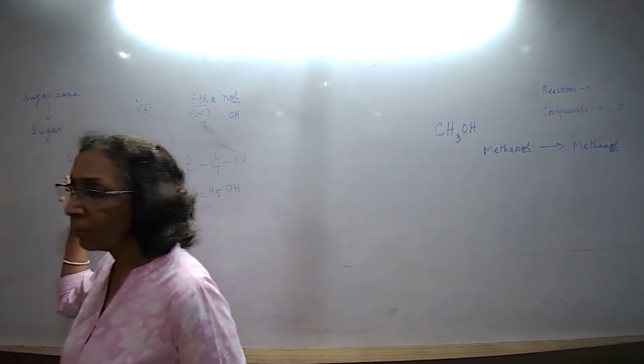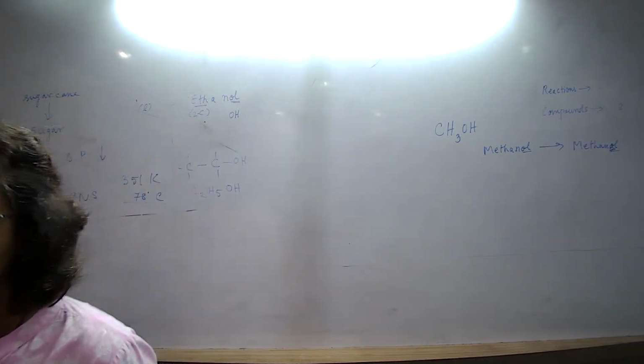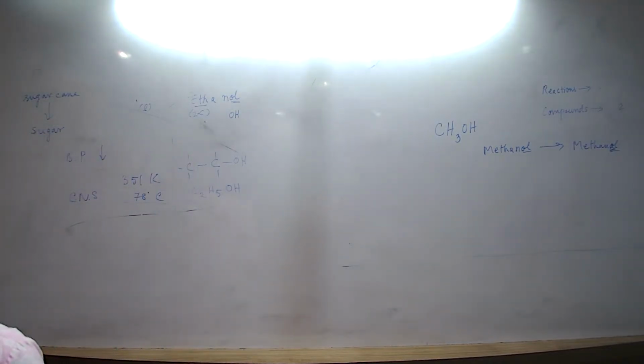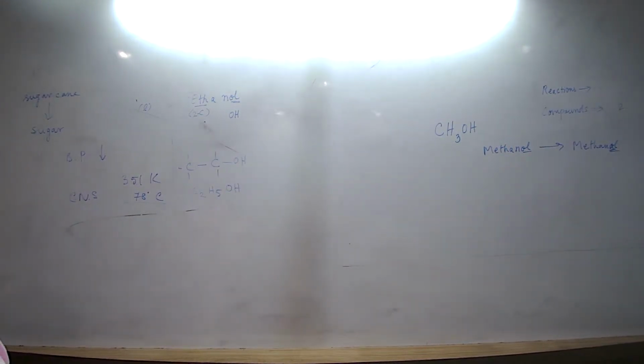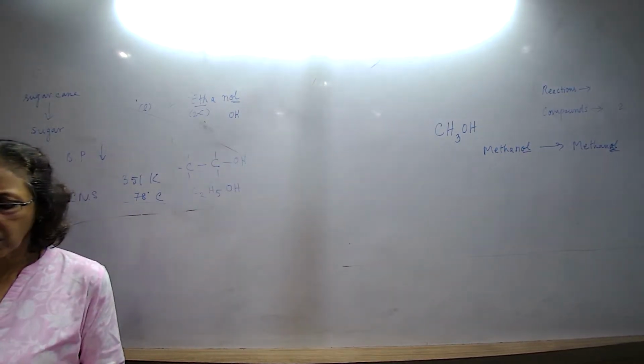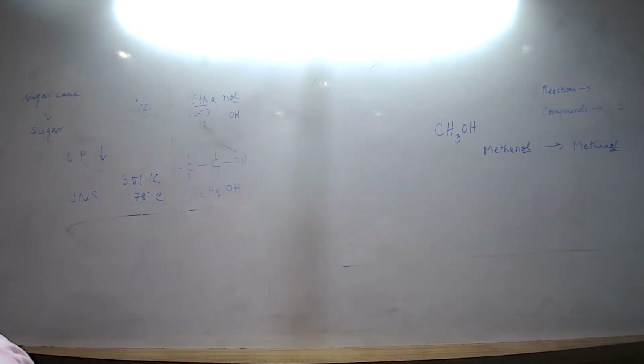First of all, you have written down the formula, the structural formula. Okay, right. First, physical properties. Make a note of it. First point: liquid at room temperature. Second point: boiling point is 351 K. Third point: you can also write down the melting point since they have already given it.